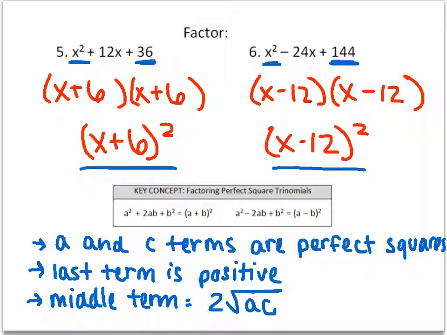So, if you didn't have the middle term and you just had A and C, you could multiply by 2 and take the square root and you would get the middle term. If you have one of these problems and they don't give you the middle term, can you still solve it?